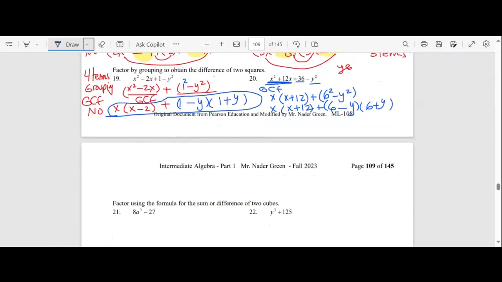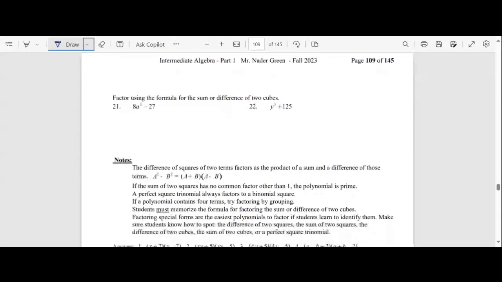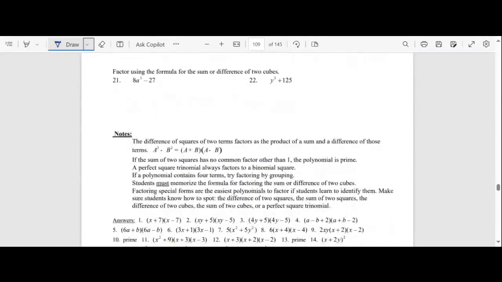Okay, let's move to the next one. Number 21. Factor using the formula for the sum or the difference of two cubes. Do you remember we talked about this at the beginning of the class?